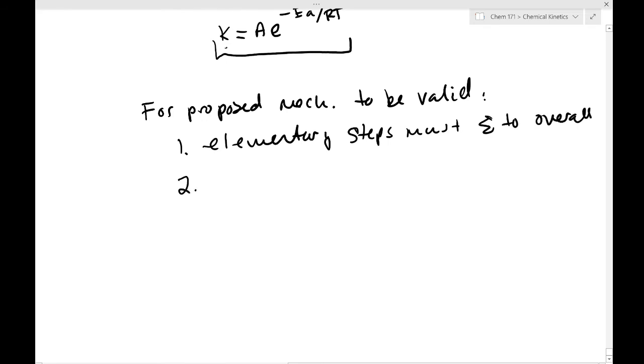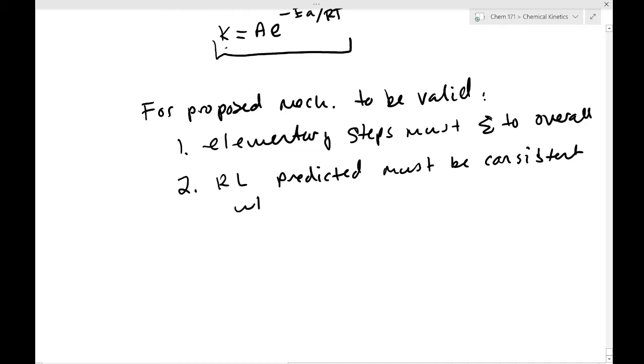Number two, the rate law predicted must be consistent with the experimentally measured rate law. Okay, so the predicted rate law must be consistent with the measured rate law.